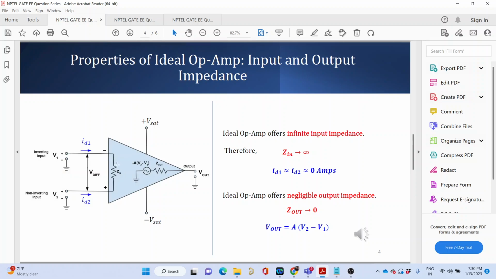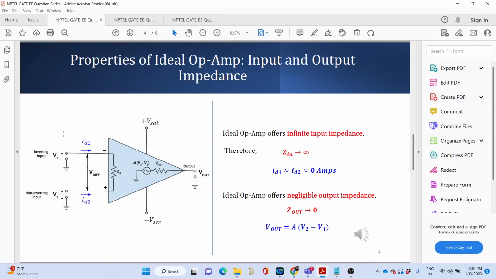So if this ZIN is low, then current would be flowing through this terminal and you would have loading effect, and you would not be able to measure the voltage correctly at this point.